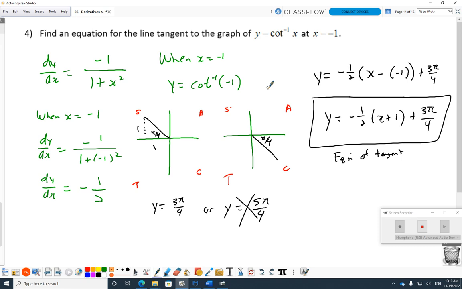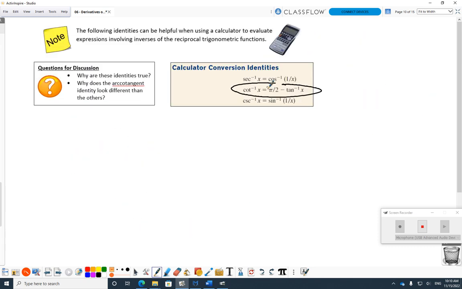Questions here? Okay, a very quick calculator conversion identity proof.